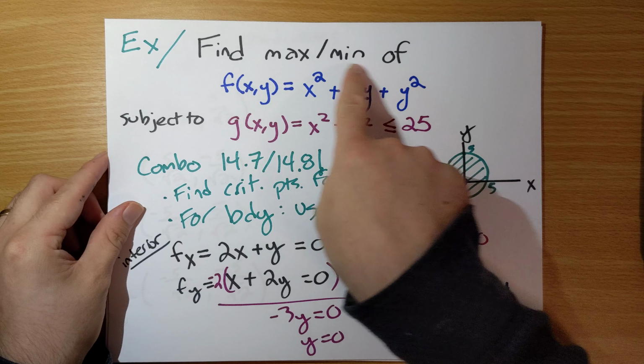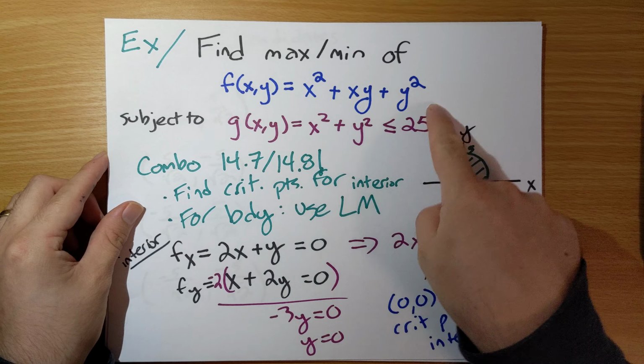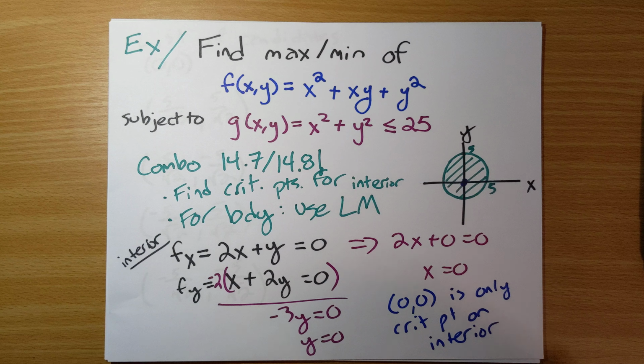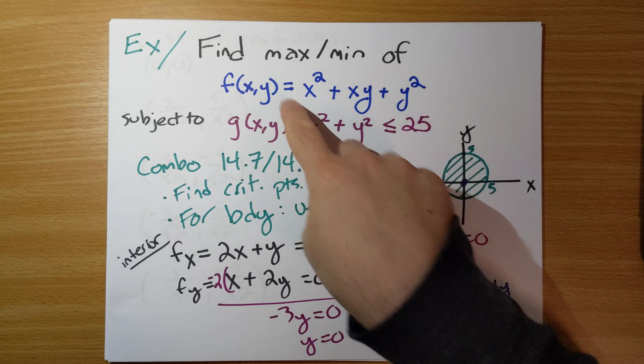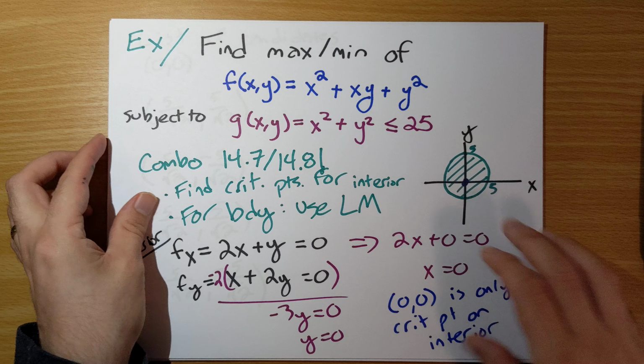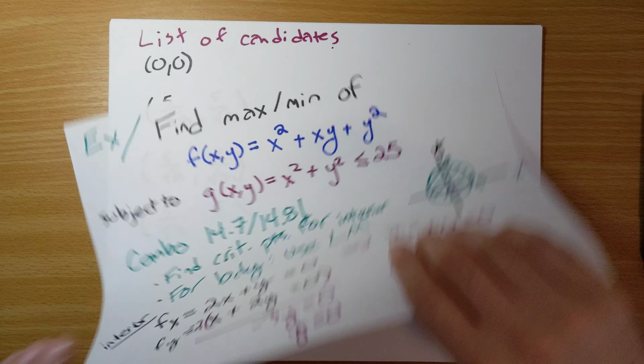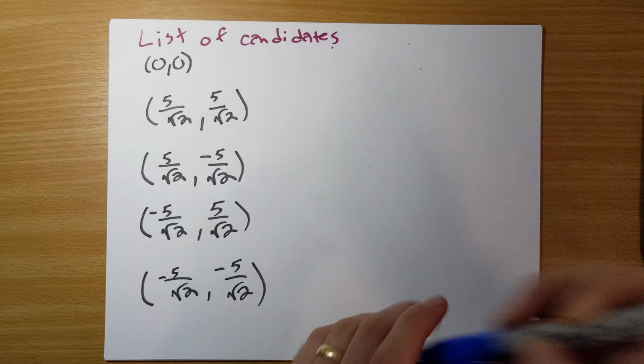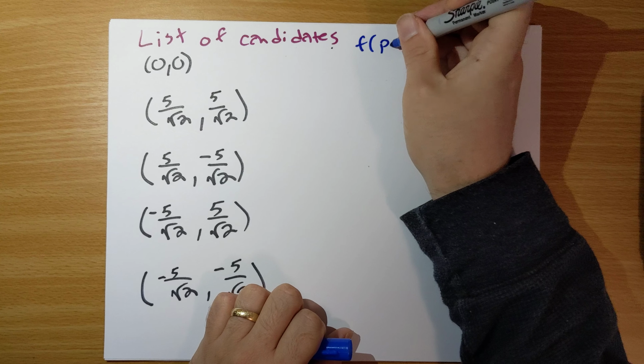And so now we just have to take each one of these critical points and plop it into our f of x, y equation.